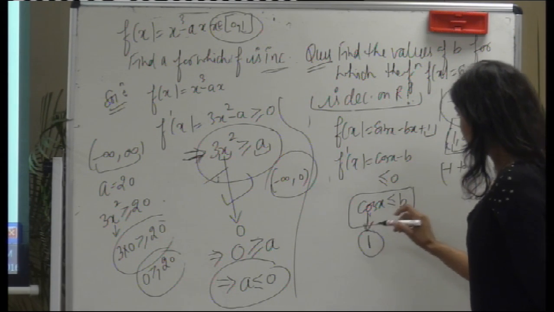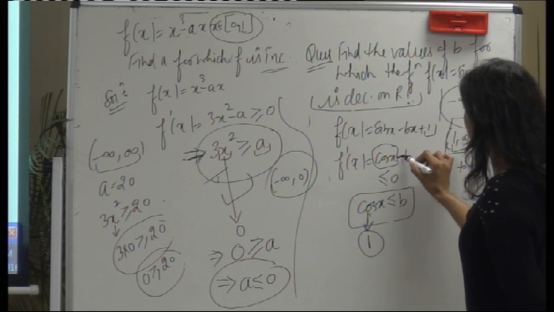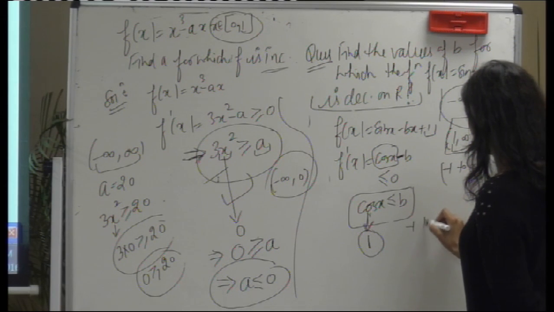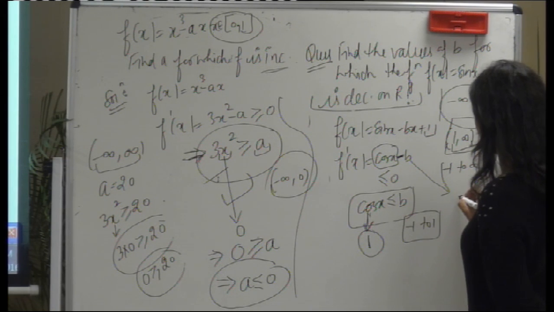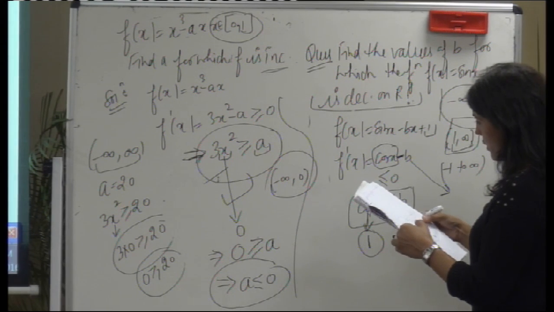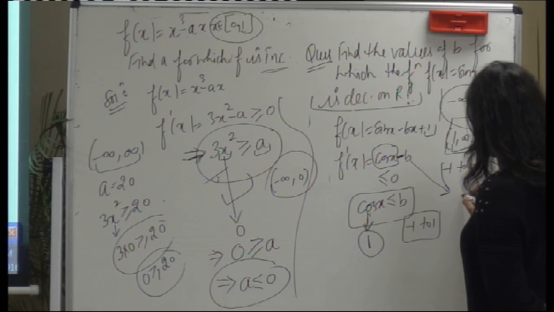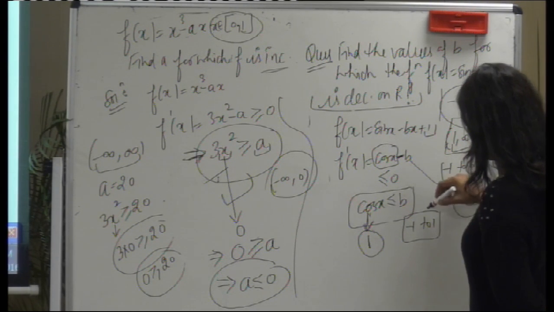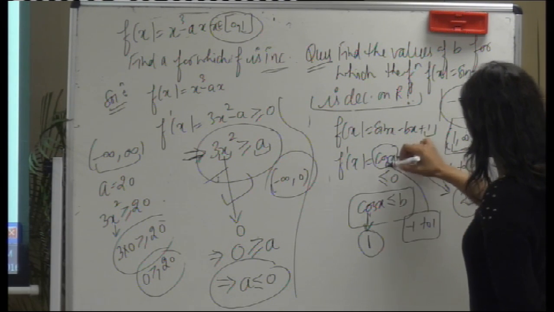Now cos x value will always lie between minus 1 and 1. B value you are saying as 1 to infinity, suppose you are putting 2, and the range of this will be minus 1 to 1.